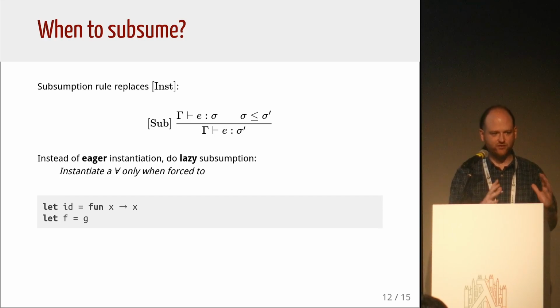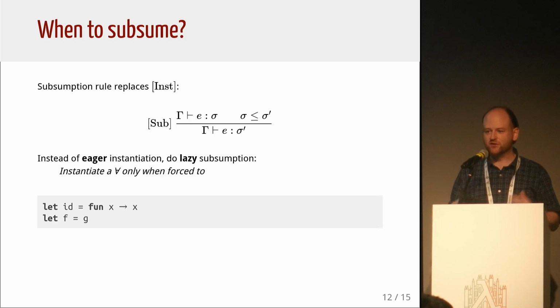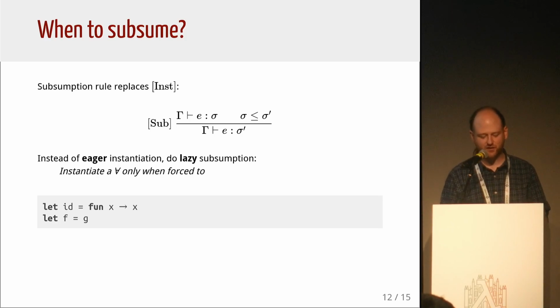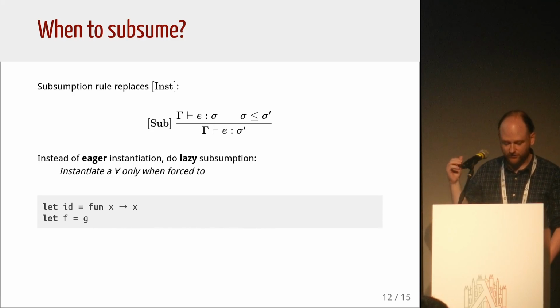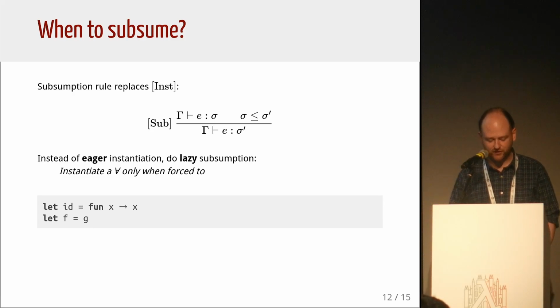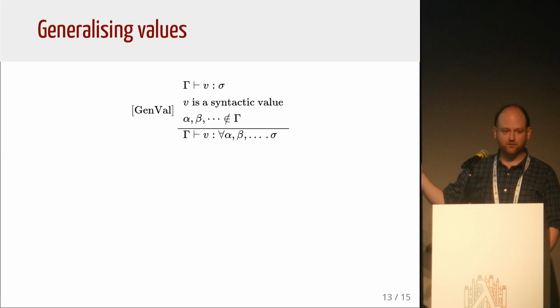So the standard ML with the value restriction is to instantiate as eagerly as possible and delay generalization as late as possible until let. And we've seen now that we want to instantiate lazily rather than eagerly, and correspondingly we end up having to make changes to generalization as well. So the original generalization rule with the value restriction looks like this.